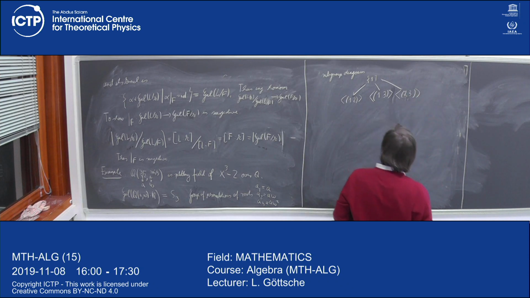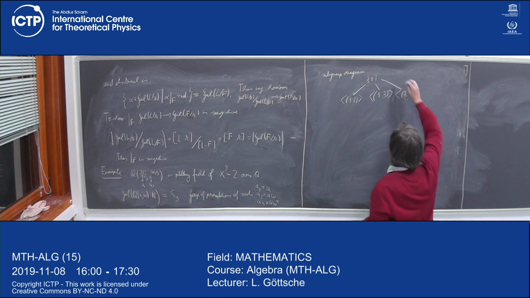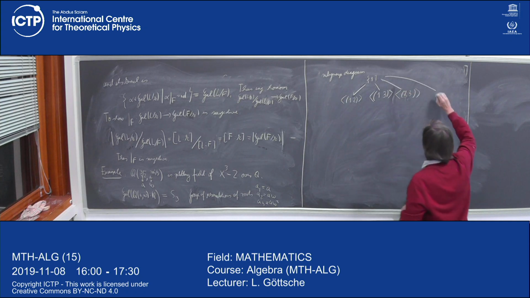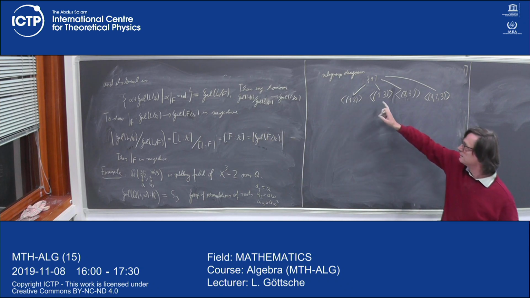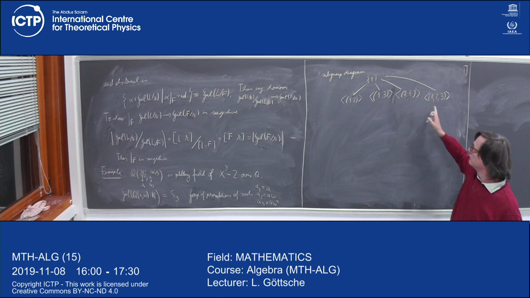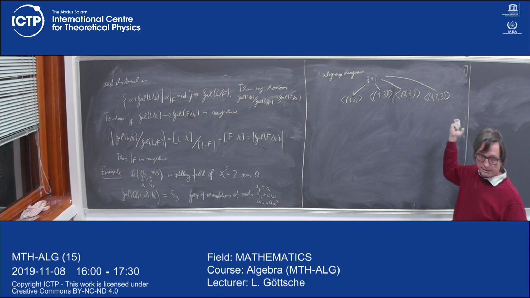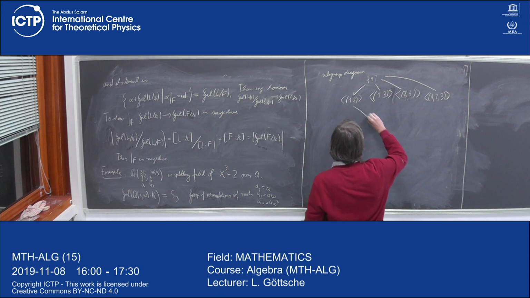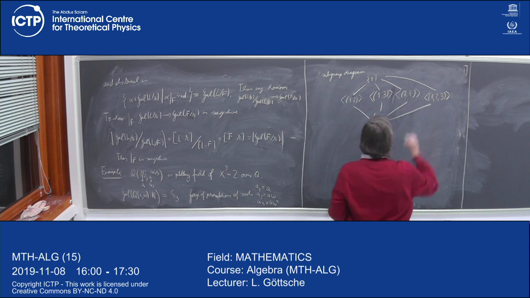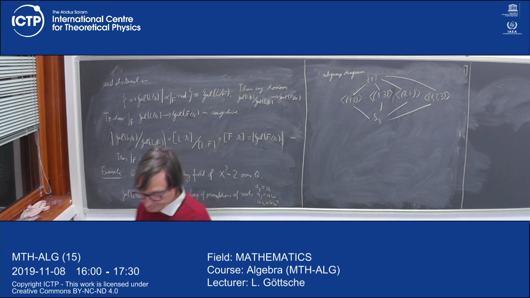And there's one more subgroup, which is this cyclic thing, (1 2 3). Okay. So these are transpositions. So this subgroup has 2 elements, this has 2, this has 2, and this has 3. So these are the 3-cycles. And all of them are contained in S3. So this is the diagram of subgroups.